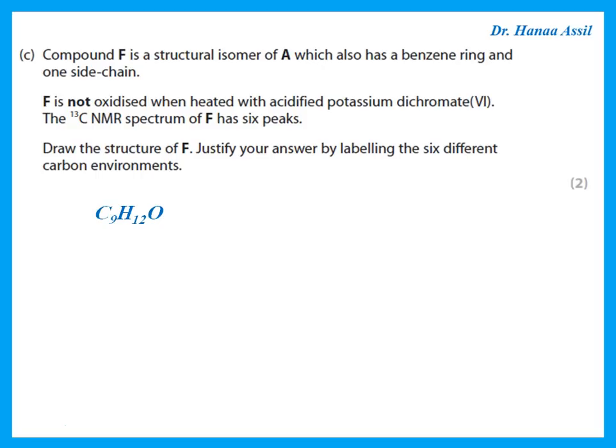And he's saying the carbon-13 NMR has 6 peaks. So what would the structure of this look like? This is a possible structure for it that complies with all the rules. So he's telling me it's not oxidized, so it's a tertiary alcohol, and it will have 6 peaks. Can you see the 6 peaks for the carbon-13 NMR?